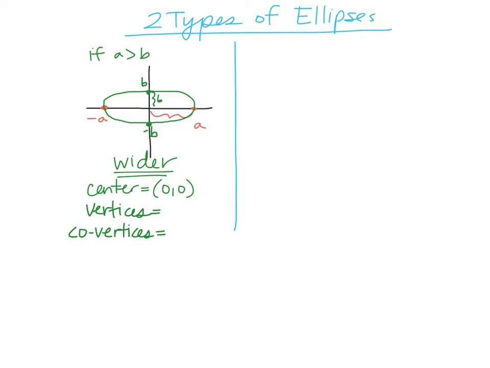So our vertices in this setup are positive and negative A, 0. So really that's 2 points, right? Positive A, 0, which is over here, and negative A, 0, which is over here. Okay, so those are the vertices. And then the co-vertices are the other two, which involve the B's. So our co-vertices on this one are going to be 0, and then we're going up B and down B. So plus or minus B. Okay, those are our co-vertices.